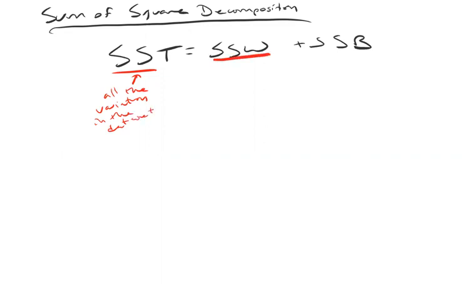SSW represents the noise, or instead of noise, let me say the random variation within each group.